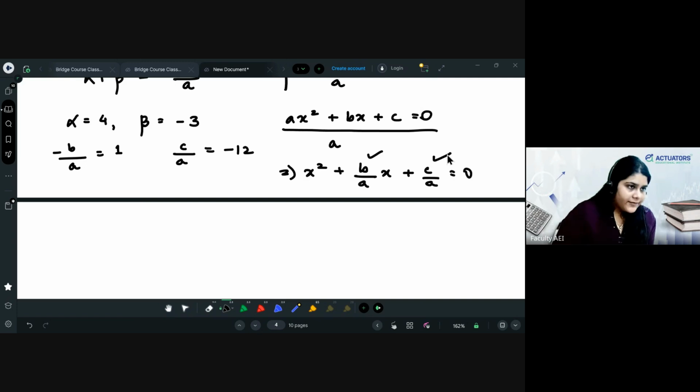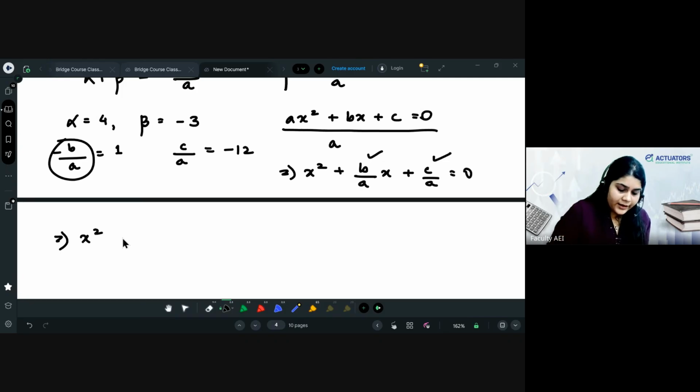So can we put these values? याद रखना, this is minus b by a and we need plus b by a. X square minus b by a is 1. तो इसलिए plus b by a will be minus 1. And c by a is minus 12. So this will be minus 12. Any doubt? तो this is our quadratic. X square minus x minus 12. ये 1 को हटा देते हैं.